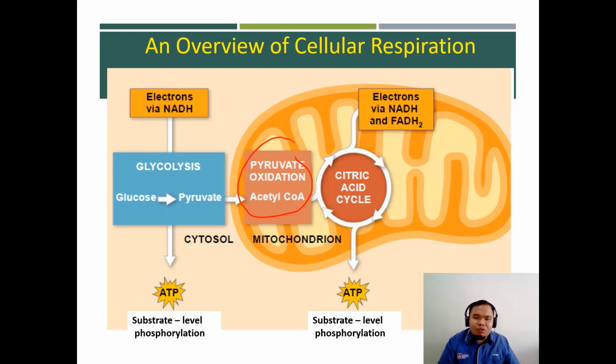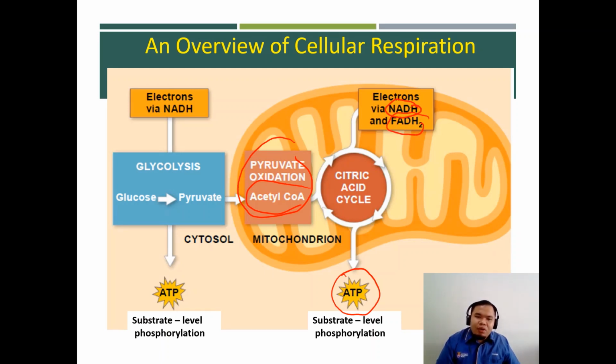This acetyl-CoA will then enter the citric acid cycle, where it produces a small amount of ATP by substrate level phosphorylation, and a large number of NADH and FADH2.